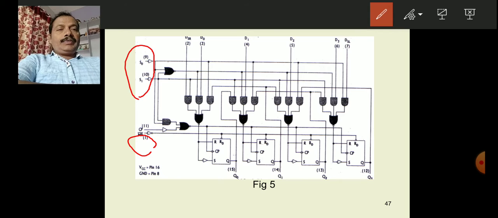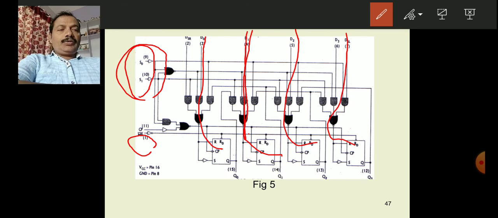And with the help of mode selection bits, you can observe how the actual data bits are loaded into the flip flops. D0 is loaded into this, D1 is loaded into this, D2, D3 loaded into this. After that, based upon the mode selection, left shift or right shift, the data may be shifted left, or it will be shifted right.